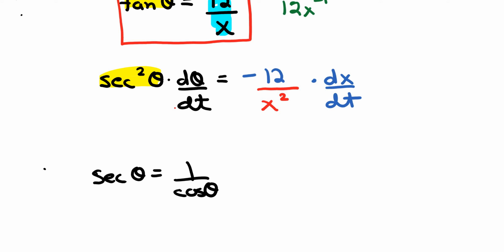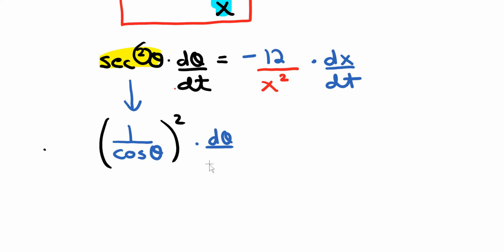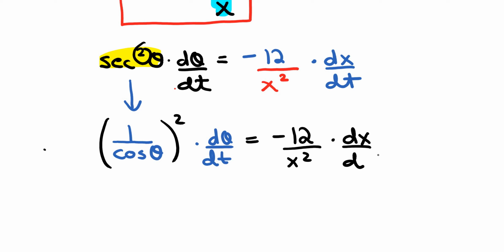So if I do that, secant squared theta is now going to be the same thing as 1 over cos theta, and all of this is being squared because you have a power 2 there, times d theta over dt. And that's going to be equal to negative 12 over x squared times dx over dt.